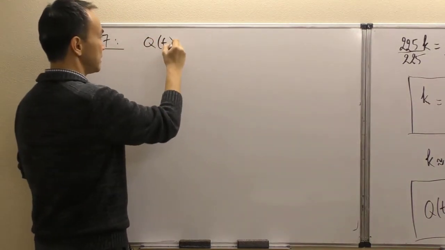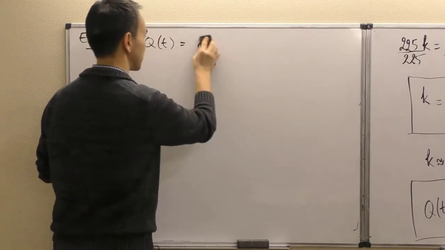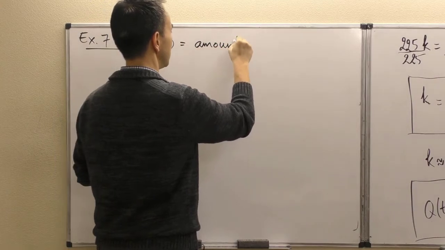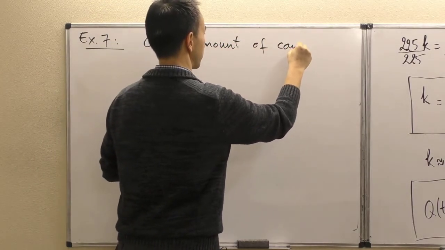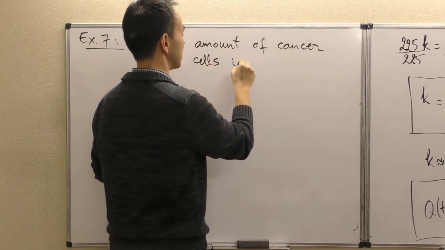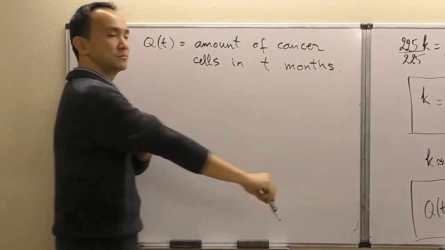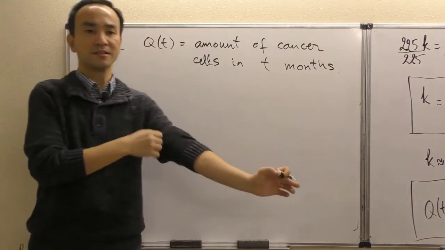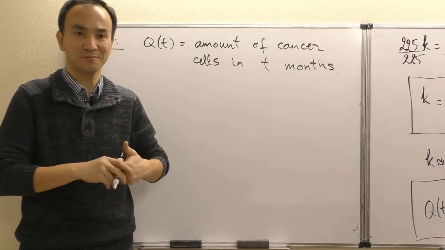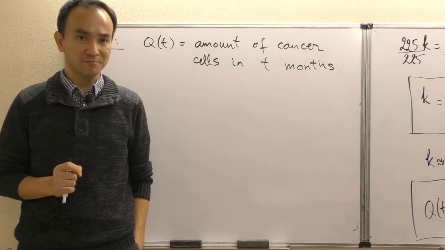So Q of t is the quantity, the amount of cancer cells in t months. This problem clearly exists in the daily work of medical scientists, or medical experts.